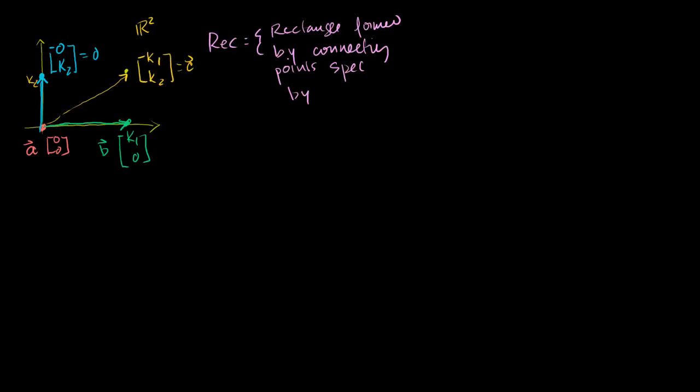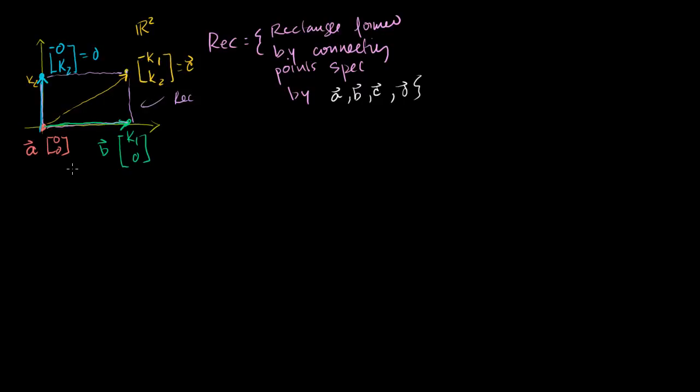So rectangle specified by connecting the points A, B, C, and D. Now, let me draw what our set rectangle is going to be. It's going to be all of these points here, all of these points there, all of those points there, and then all of those points there, including our vertices. So that is my rectangle.